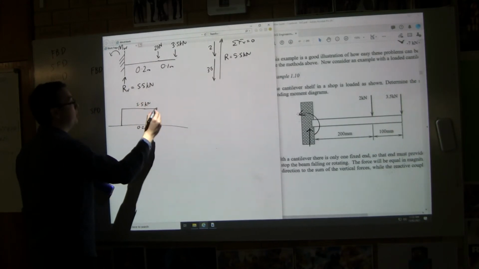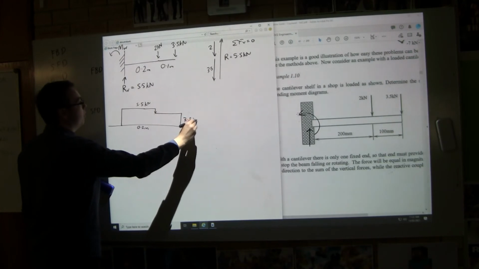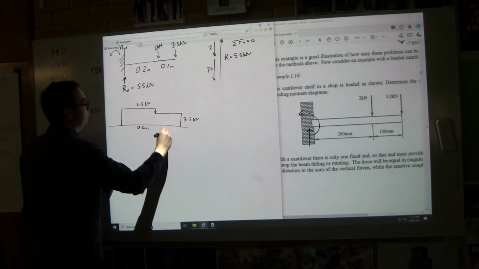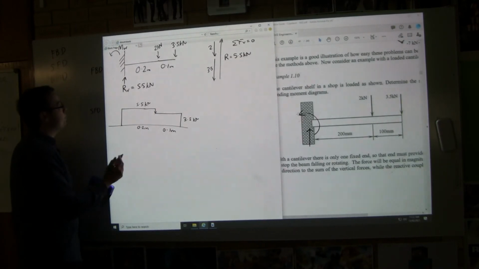And then what happens next in the story? Goes down 2, and it keeps going across until it goes down 3.5 kilonewton meters at 0. Yeah, we good? Okay. Then, let's draw the bending moment diagram.